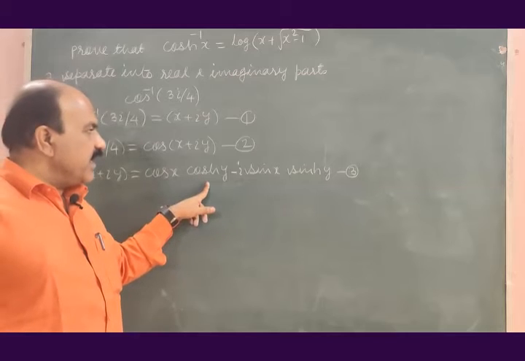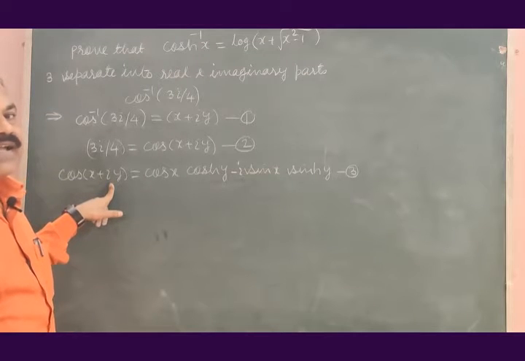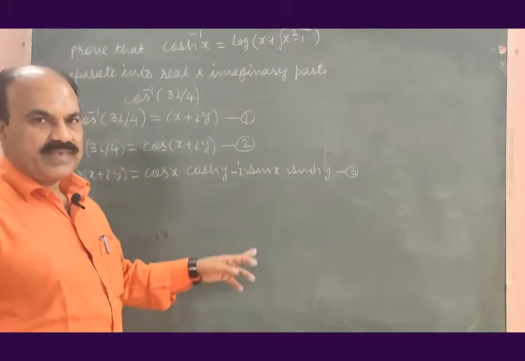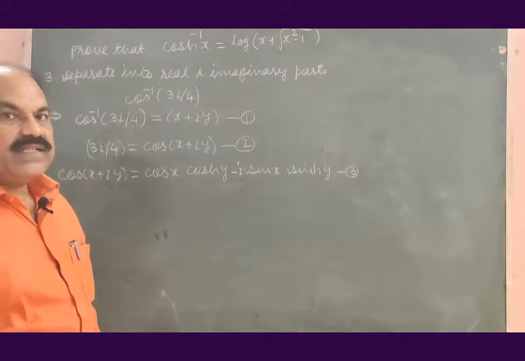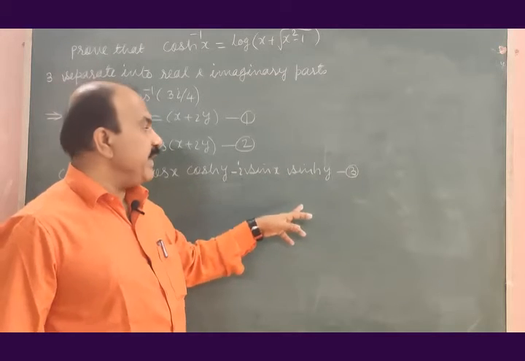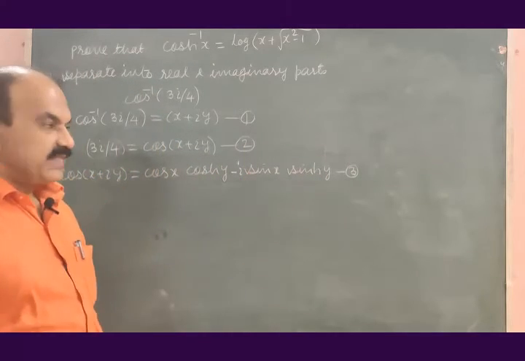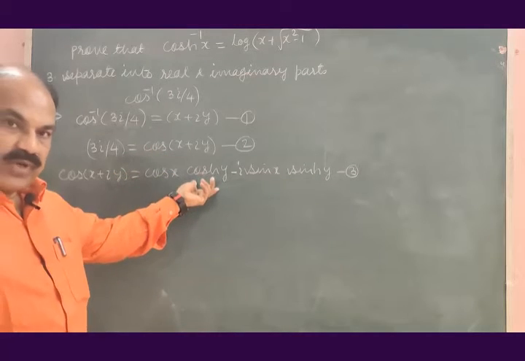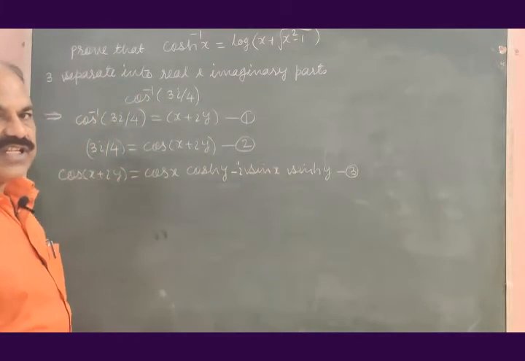Then the second one is cos iy. Cos iy is cos hyperbolic y, minus i into sin x as it is. Then sin ix will be i times sin hyperbolic x. y is here, and therefore cos of x plus iy is cos x cos hyperbolic y minus i into sin x sin hyperbolic y, equation number 3.